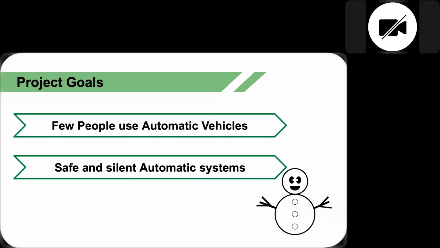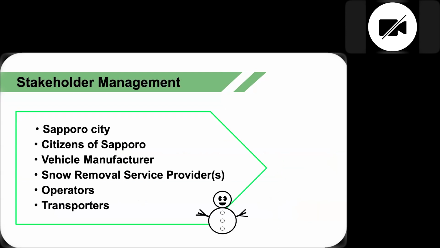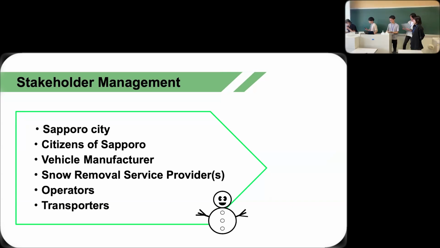So our ultimate goal is to develop a machine that could remove snow safely and silently with minimal manpower required to operate it. Next, please. This is stakeholder management.